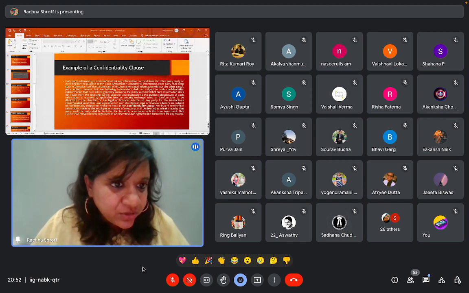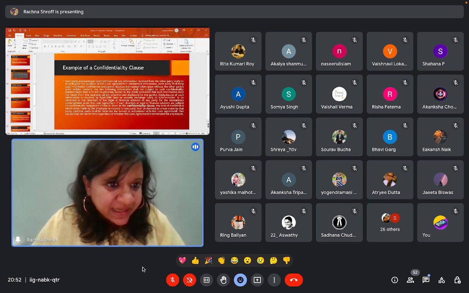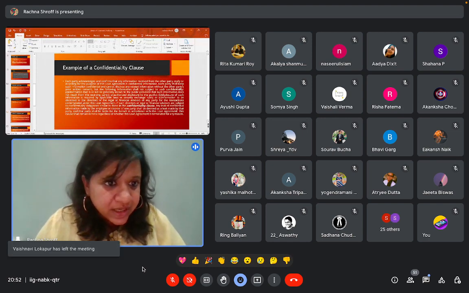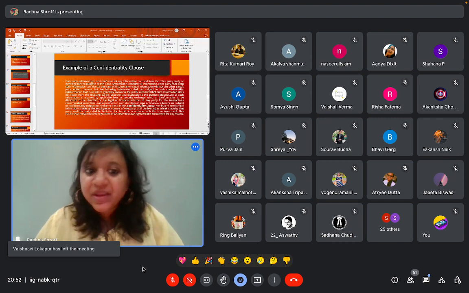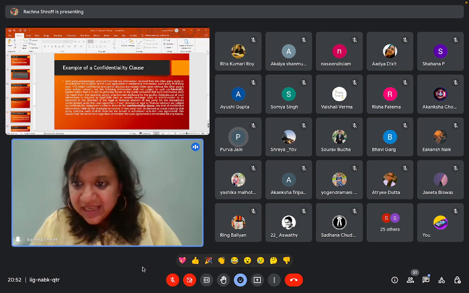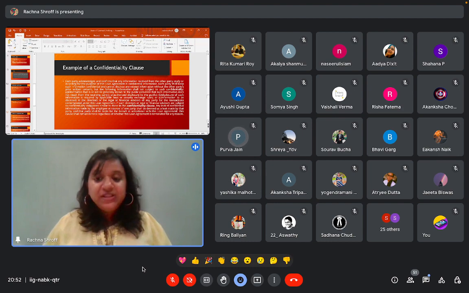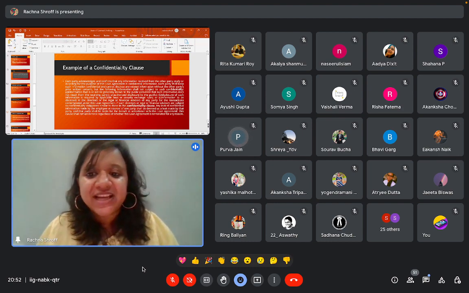Can you guys come down to the fifth line from the top, which has a small a in a bracket? 1, 2, 3, 4. The fifth line. So this A, B, and C. There are three such clauses here, which are exceptions to a confidentiality clause.